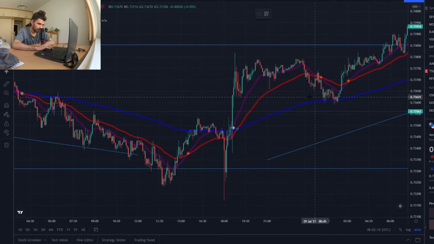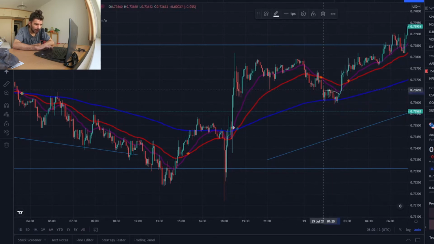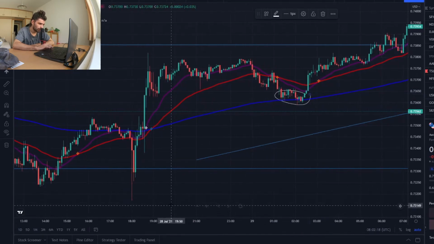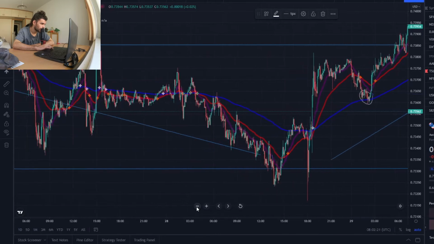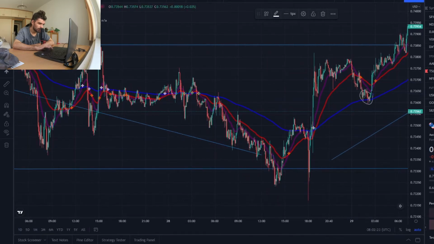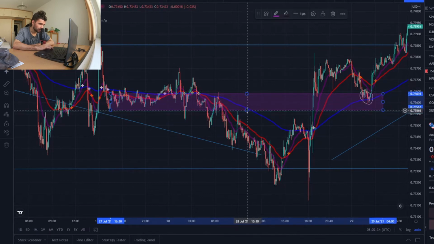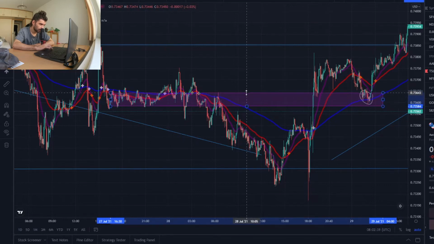And now, as we can see, we are coming back to retest the 200 EMA, which at the same time was a kind of support and resistance line, because we used it here as a consolidation part where we just traded sideways, and a couple of times we got rejected. For example, here we came pretty close, not really though.